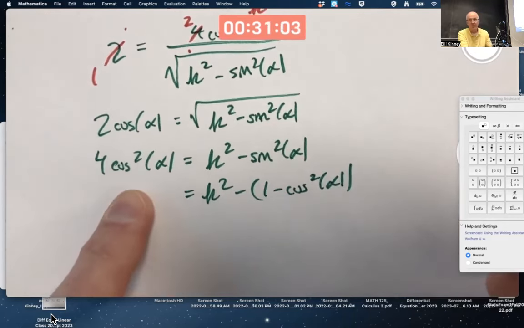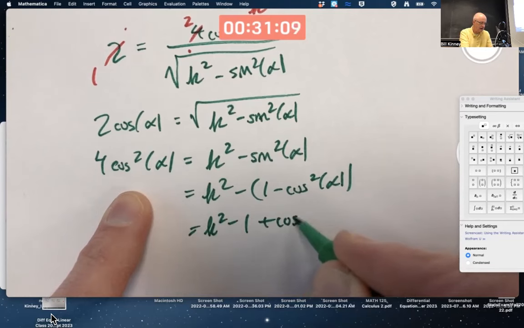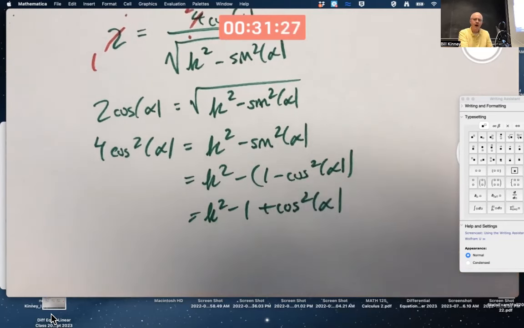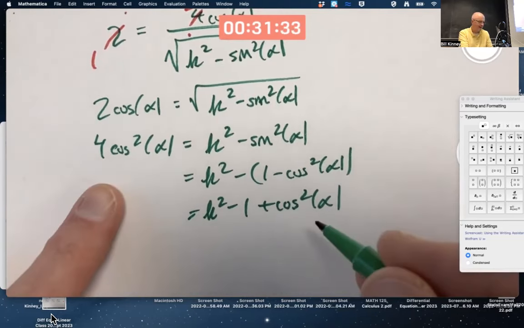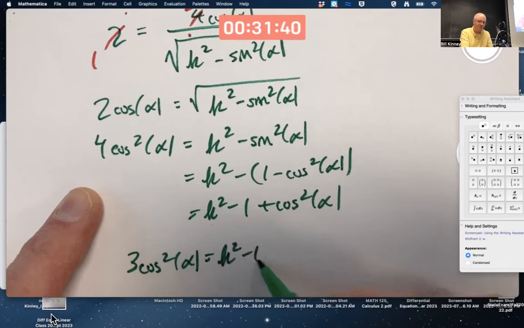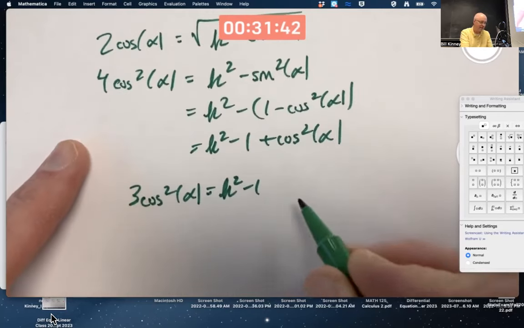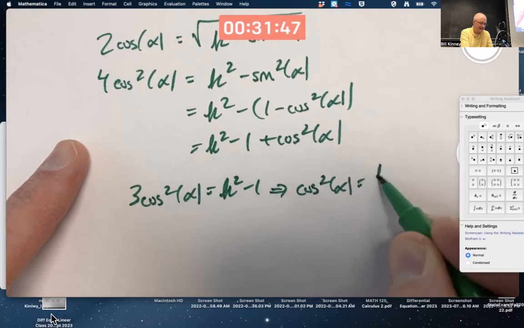I also could have replaced cos squared with 1 minus sine squared. Again, remember what you're trying to do. Solve for alpha. Maybe I should subtract cos squared from both sides and get this. And then divide both sides by 3. Then take the square root.